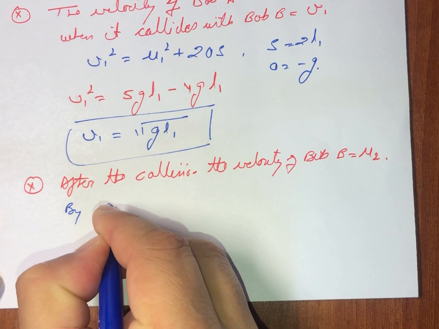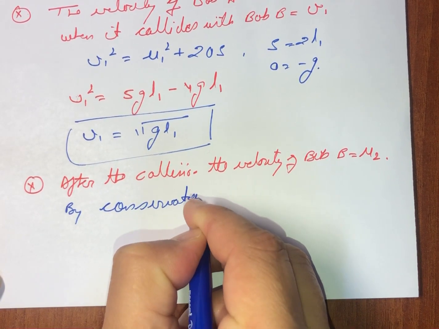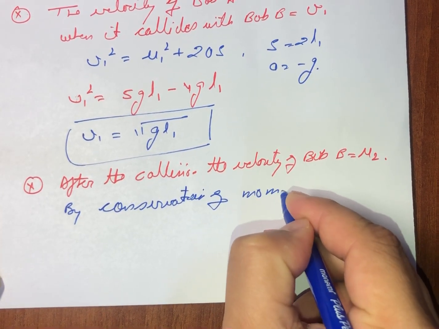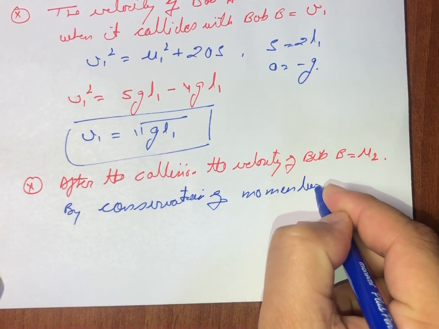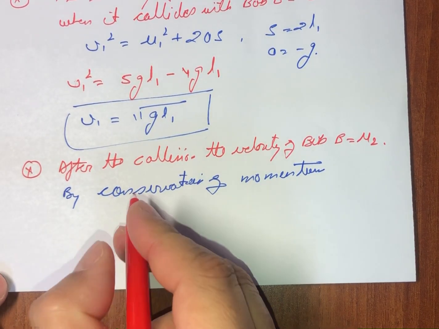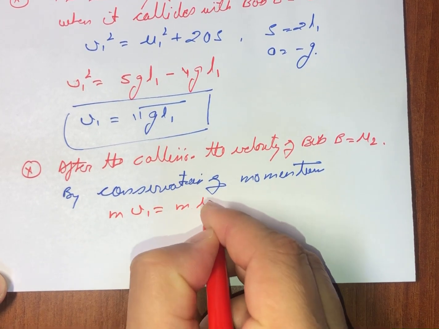By conservation of momentum, we get the equation mv1 is equal to mu2.